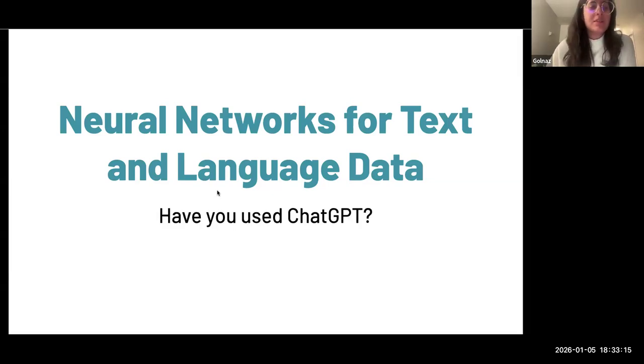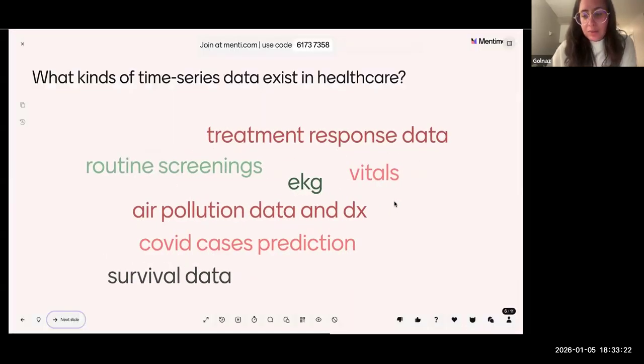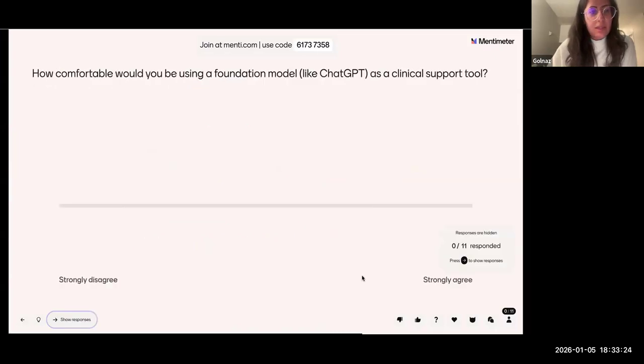An example that you might all know is ChatGPT. So getting back to the Menti, my question is: do you use ChatGPT for clinical support or when you're thinking about a medical problem? And are you comfortable doing that or not?